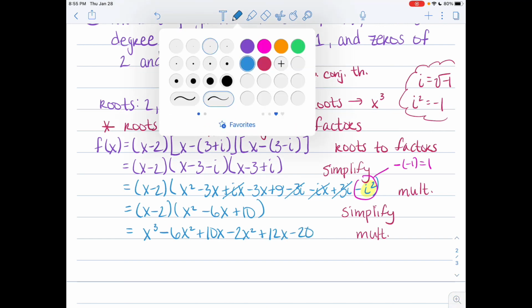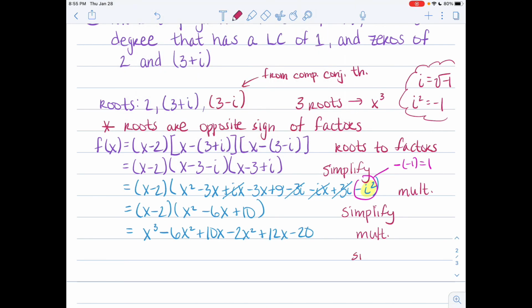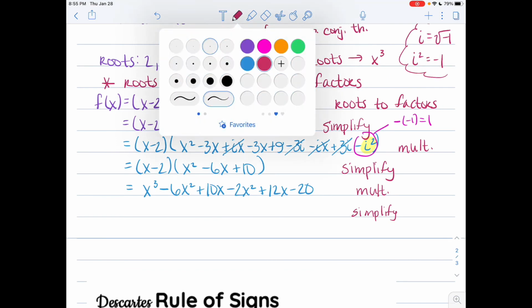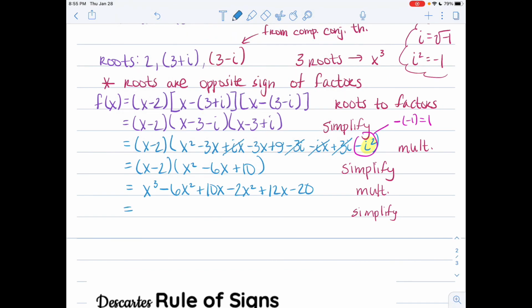And now I want to do simplifying again, because I see some like terms that I can combine. So this is equal to, and this will be my final one because I'm not going to have anything else to do, x to the 3rd minus 8x squared plus 22x minus 20.